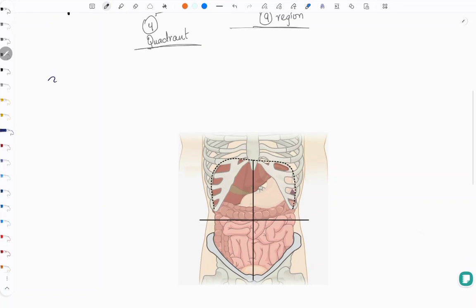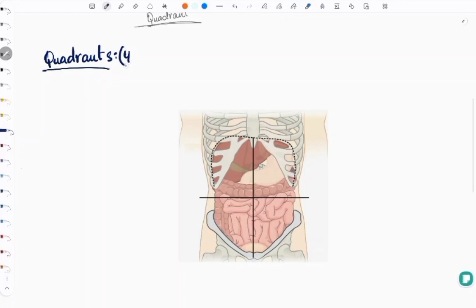So let's study about the quadrants of abdomen. There are 4 quadrants. The anterior abdominal wall is divided into 4 quadrants by 1 horizontal plane and 1 vertical plane.